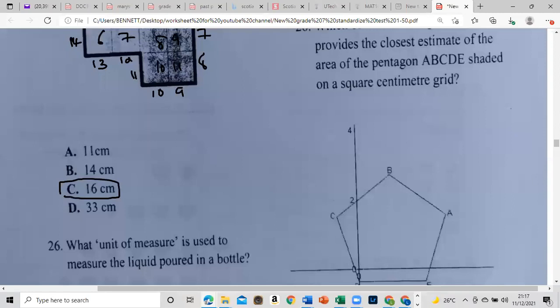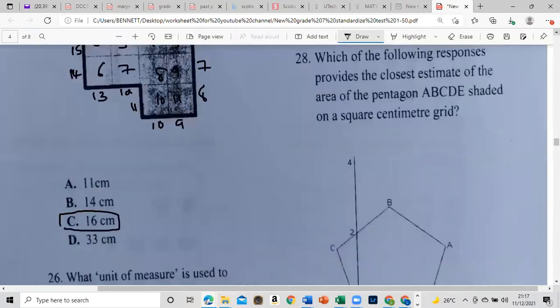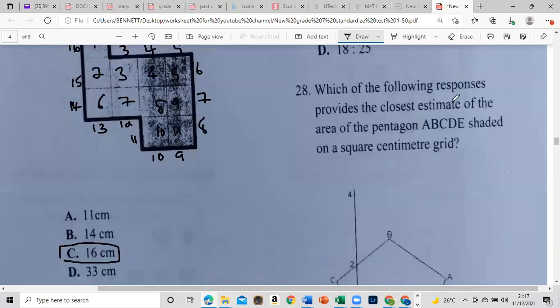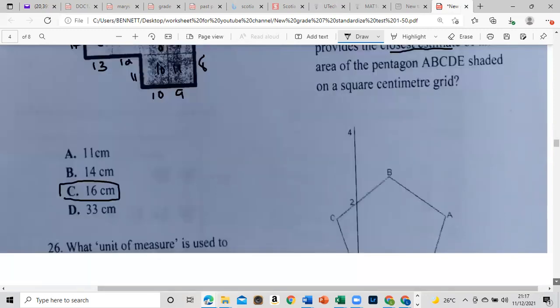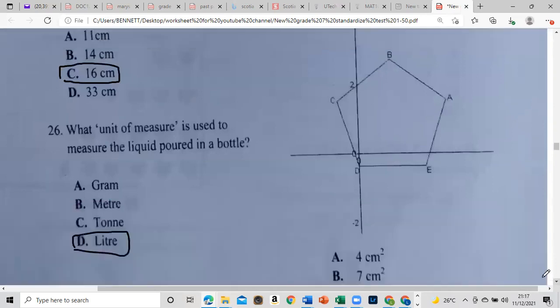Alright, this one says, which of the following responses provides the closest estimate of the area of the pentagon ABCD shaded on a square centimeter grid. When you see this, no stress. This is an estimate they want. What I would do is try to form a square.